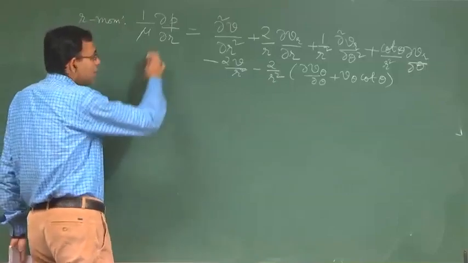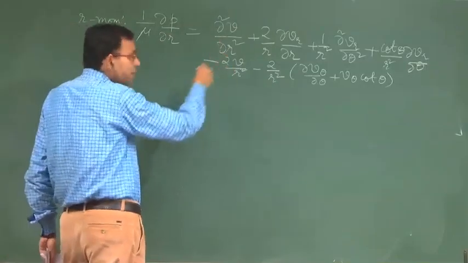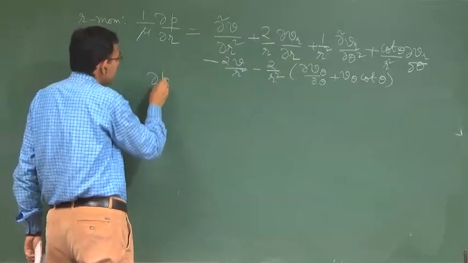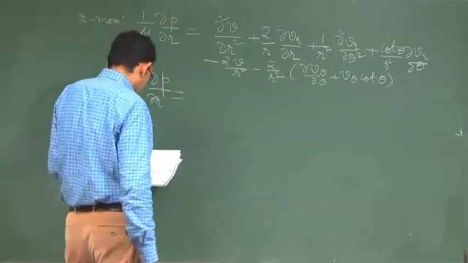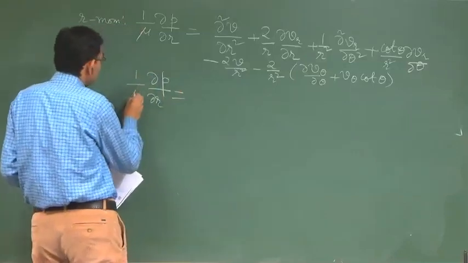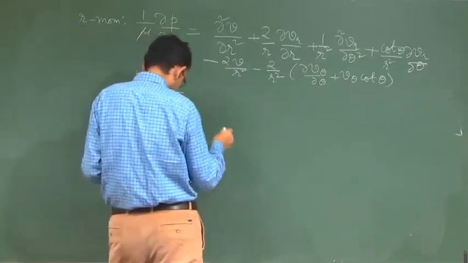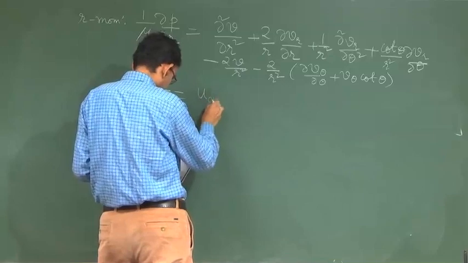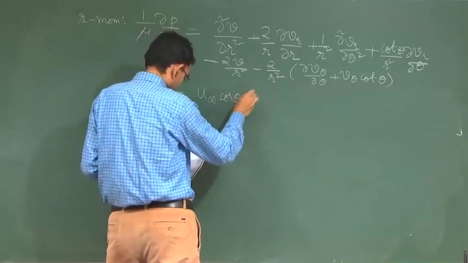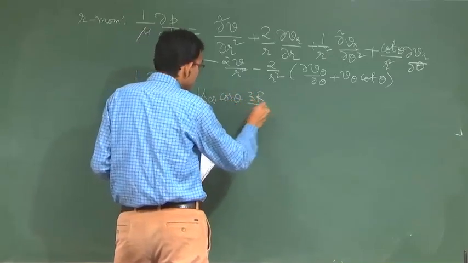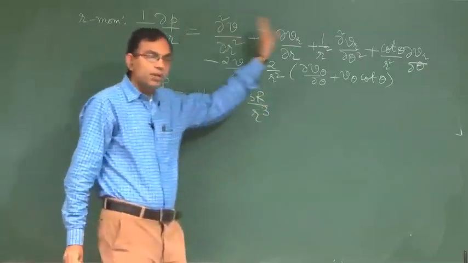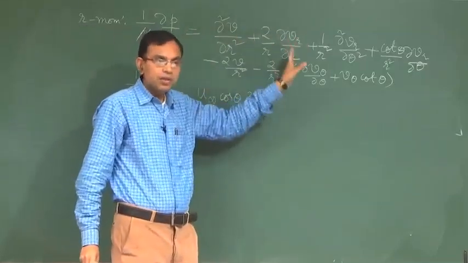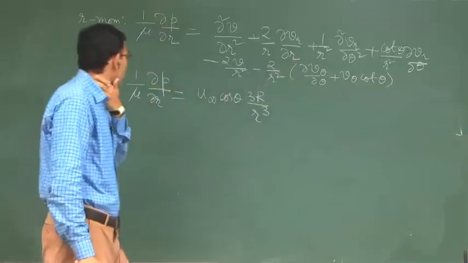If you put all these expressions for Vr, V theta and their derivatives, then this will be the final expression, 1 by mu, which gets remarkably simplified after putting everything together, and this is the form that you get.